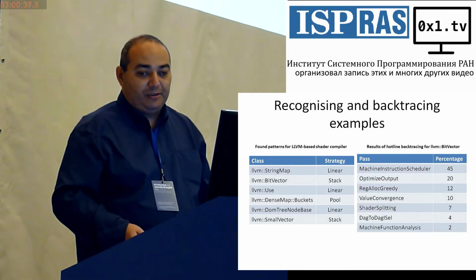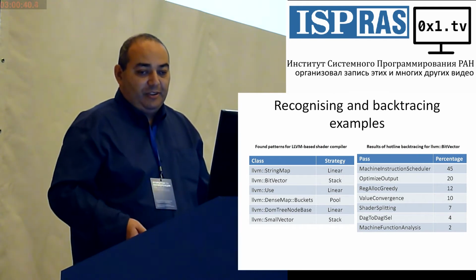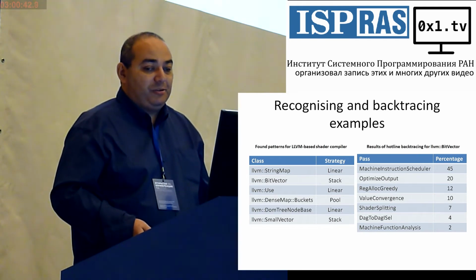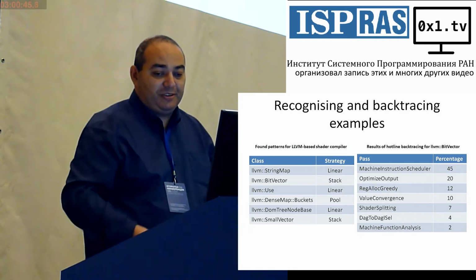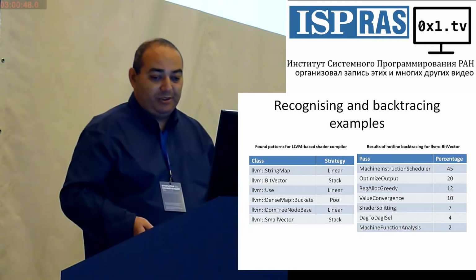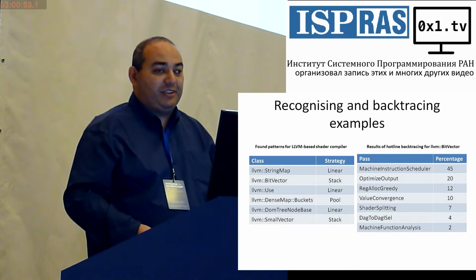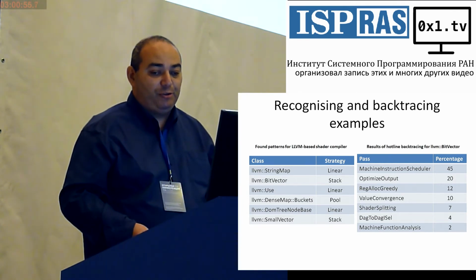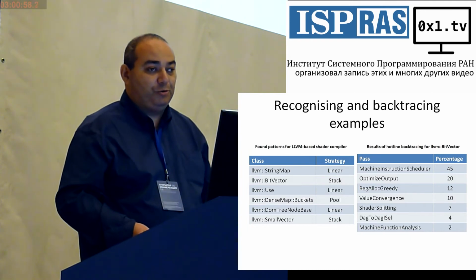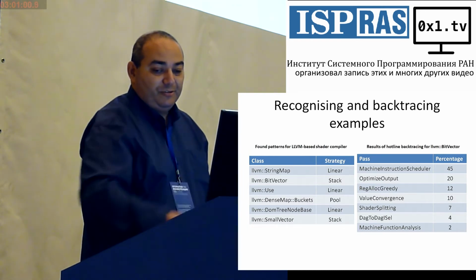It's the distribution of calls and backtraces by passes of compilers, and you can see the LLVM passes, which those who use it all know, and the percentage of those calls of a hotline, showing which pass is going to be the owner of the allocator.